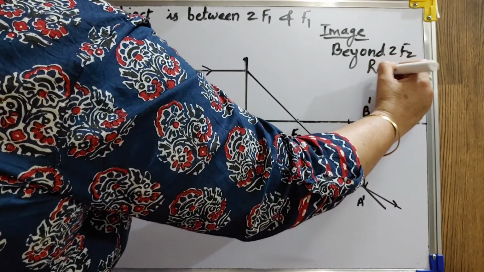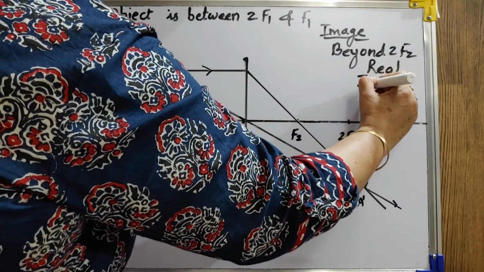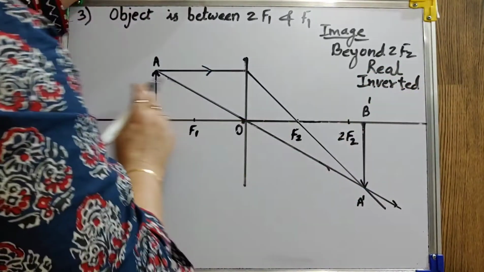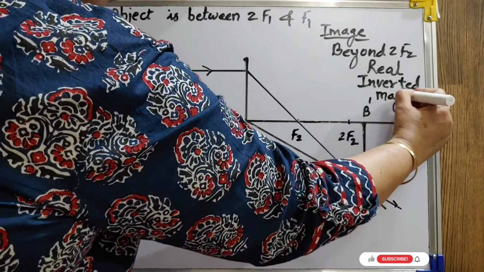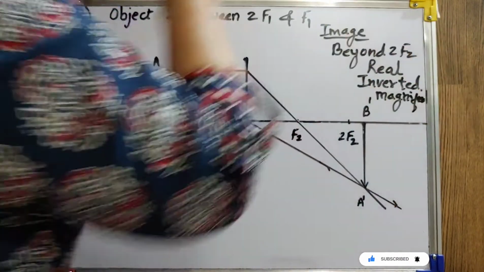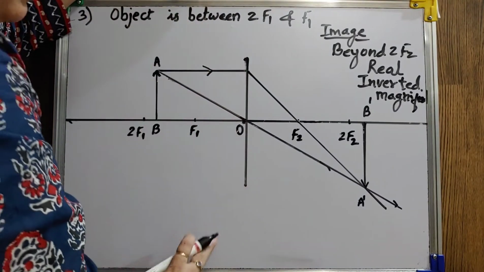It's formed by actual intersection. So it is a real image. Real image always inverted. Now here the size has increased. So it is magnified. So image is real, inverted and magnified.